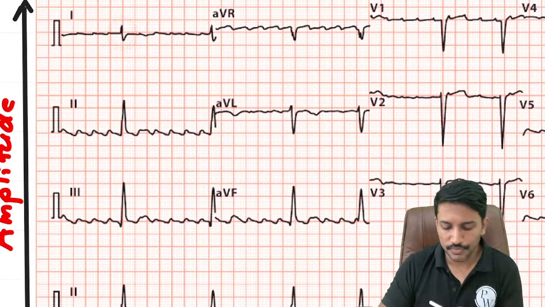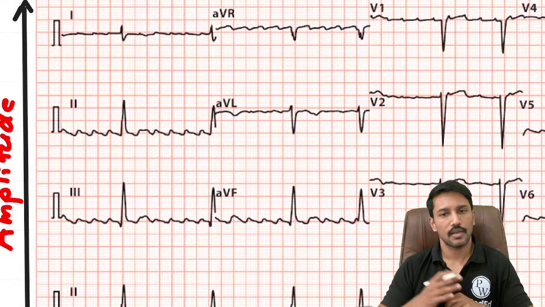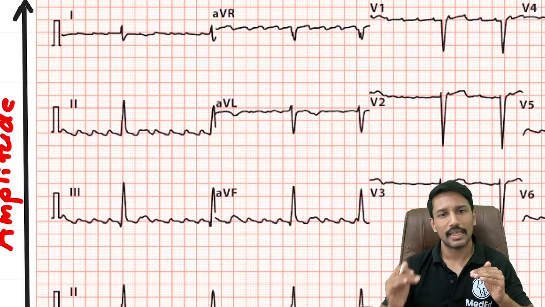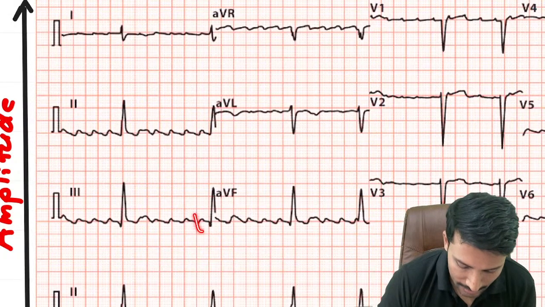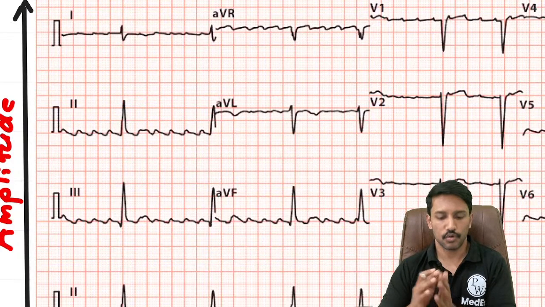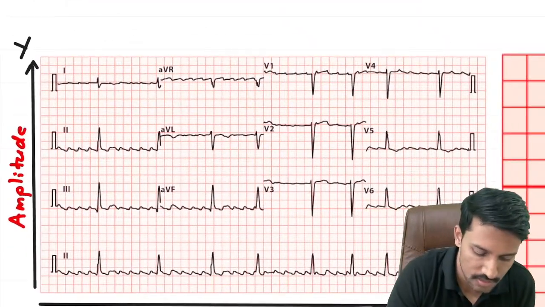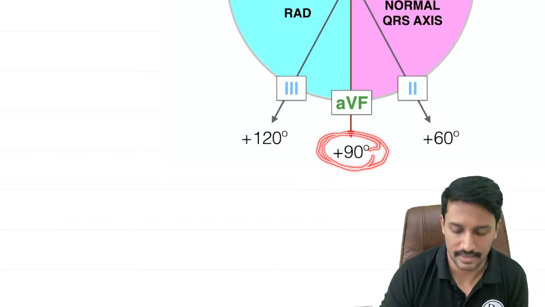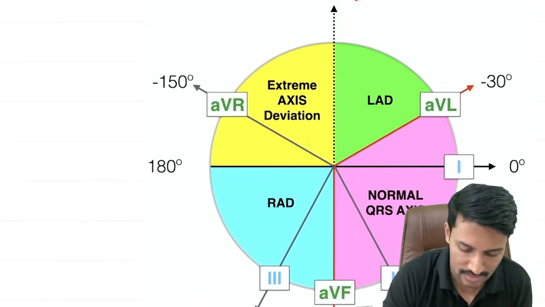And what is the opposite of lead 1? AVF. The 90 degrees of lead 1 is AVF, and AVF is predominantly positive. In the hexaxial reference system, AVF positive means 90 degrees, and AVF negative means minus 90 degrees.